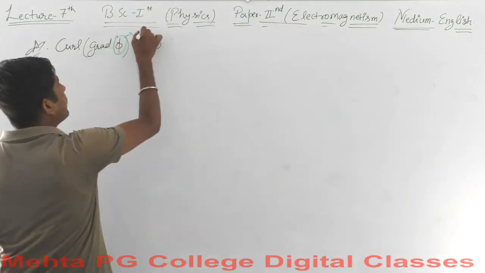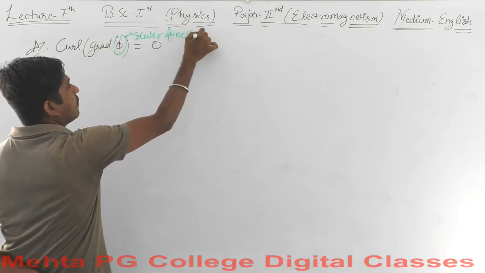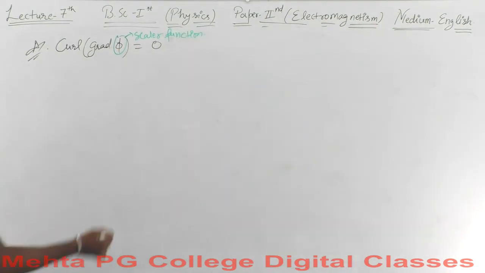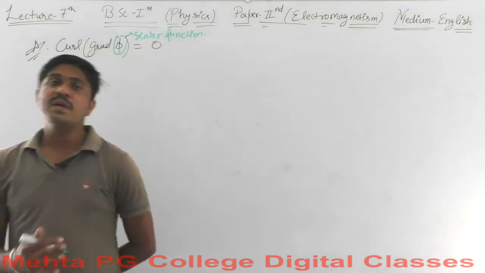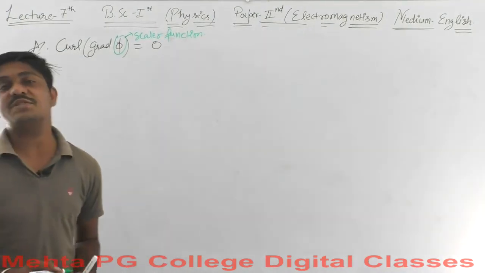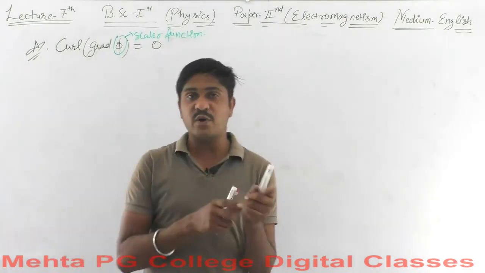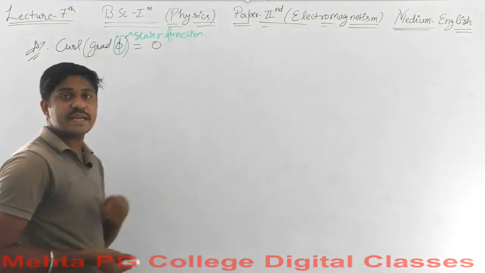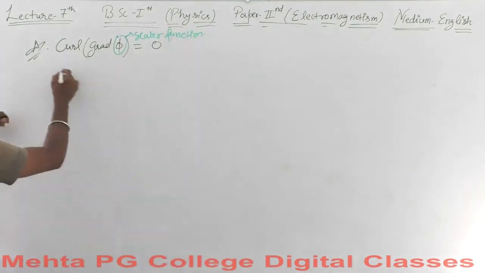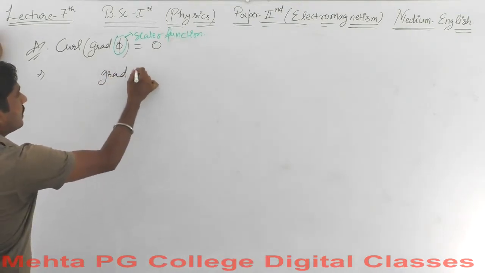Phi is a scalar function, and the whole gradient of phi will be a vector function, because curl will exist only for a vector quantity and the gradient will exist only for a scalar quantity. So let's see what we can do with this. First of all, let's say we got a function, gradient of phi.